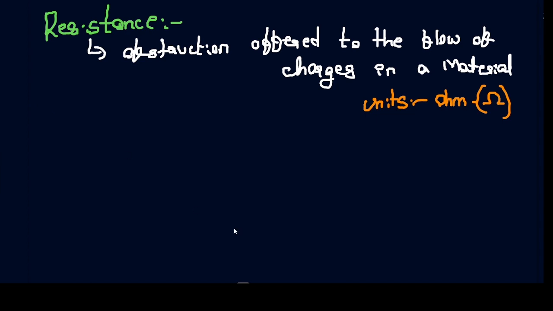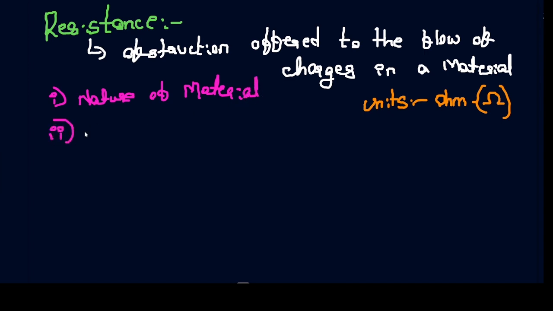Got it? Now, the factors on which it depends. First, the nature of the material. If it is plastic, it has some resistance. If it is a metal, it has some resistance, right? So it depends on the nature of the material.